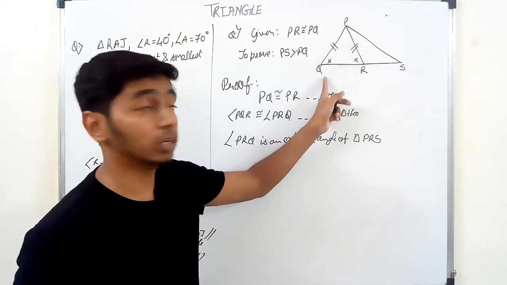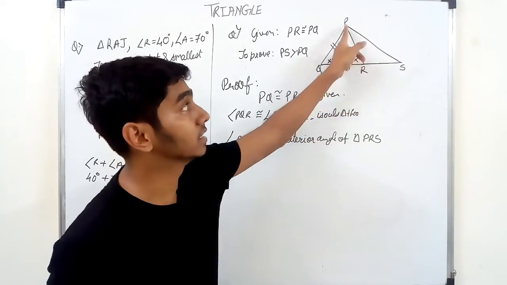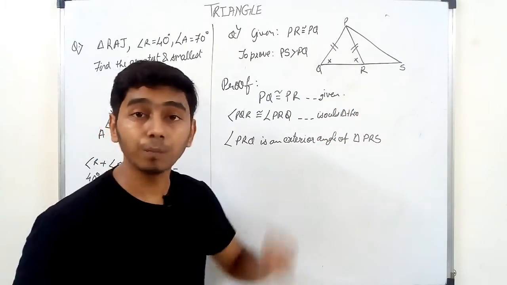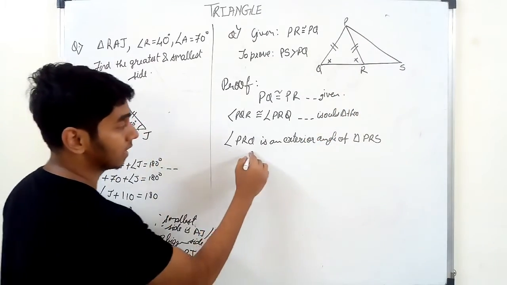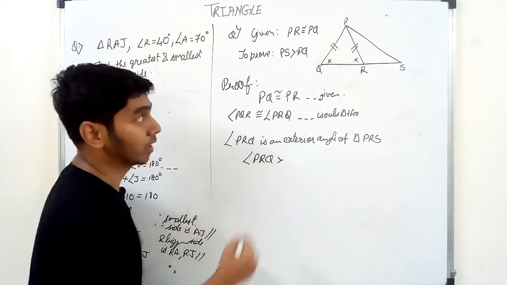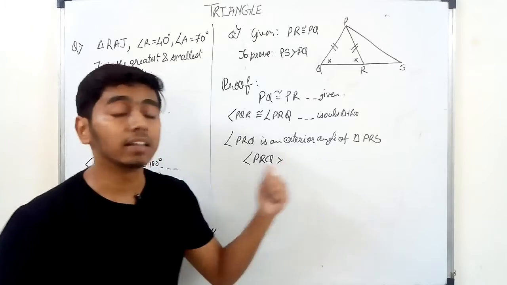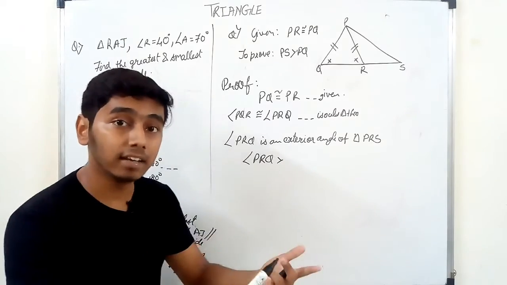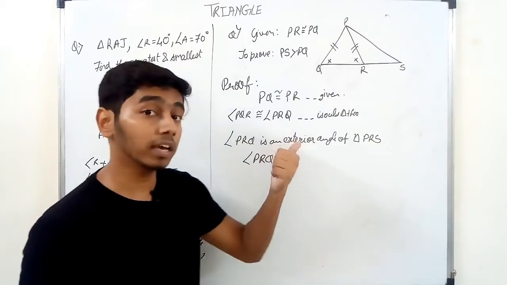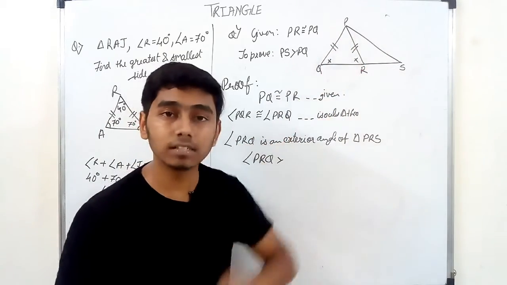So this angle is an exterior angle for this triangle PRS. Yes or no? Therefore, can we say angle PRQ, as we did in the theorem itself, it said that the exterior angle is greater than the interior angles.